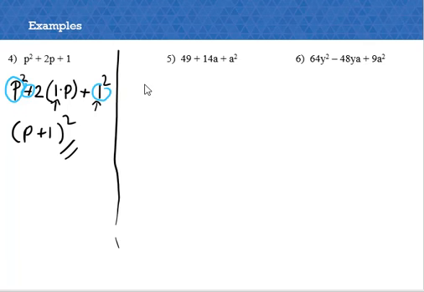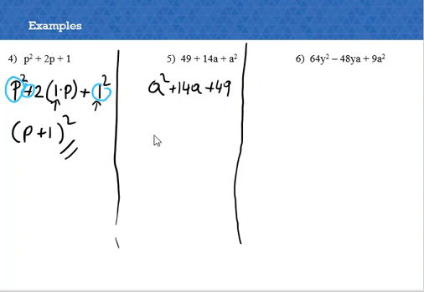So let's see the next one. It's in ascending order, so let's write it in descending order. So it is a squared plus 14a plus 49. So we get a squared plus 2 times 7a plus 7 squared.